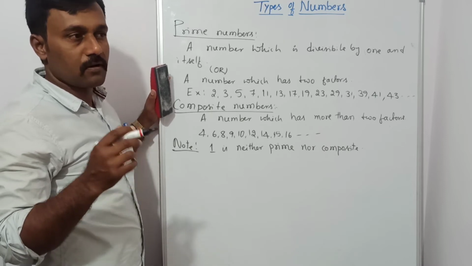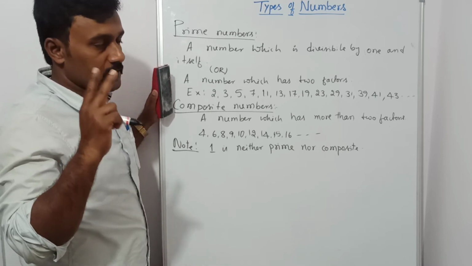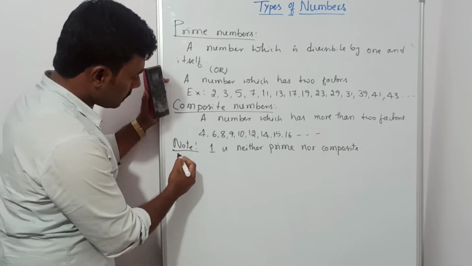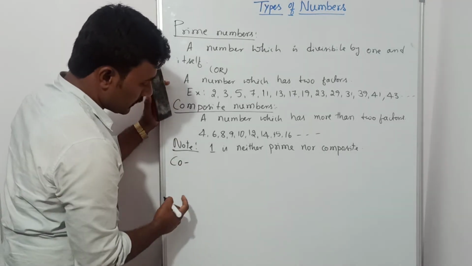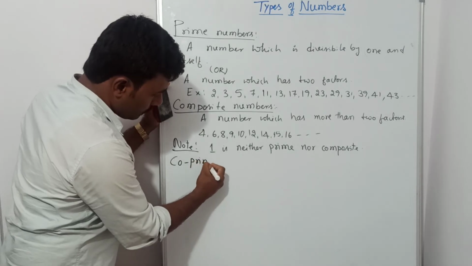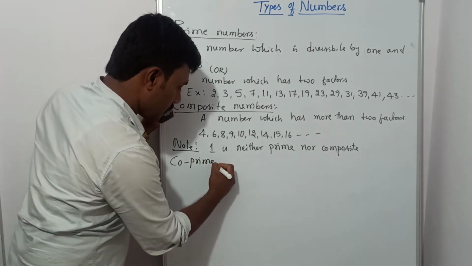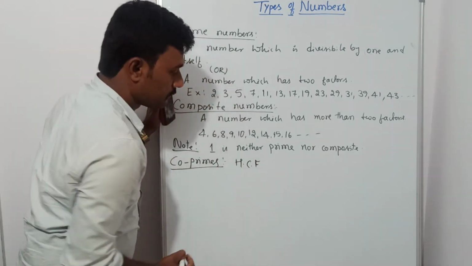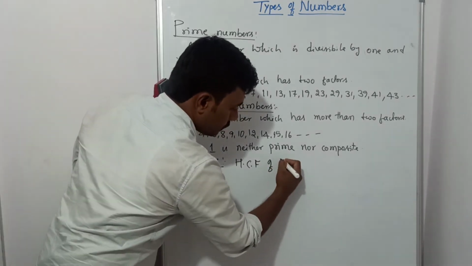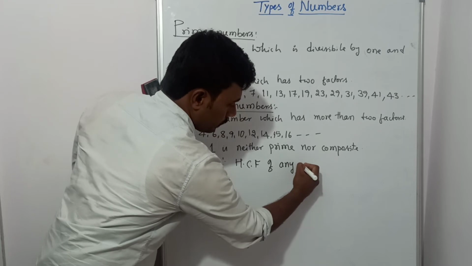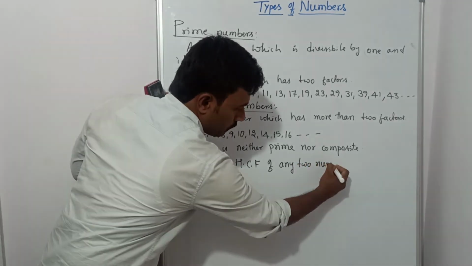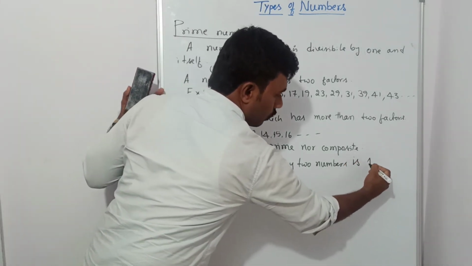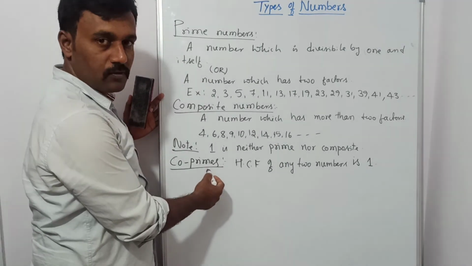The highest common factor of any 2 numbers is 1, then the numbers are called co-primes.